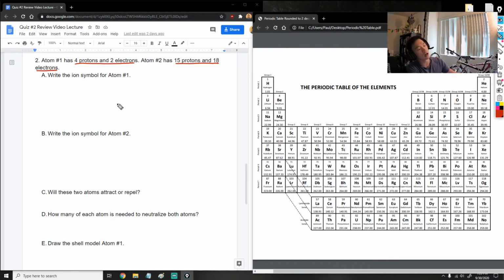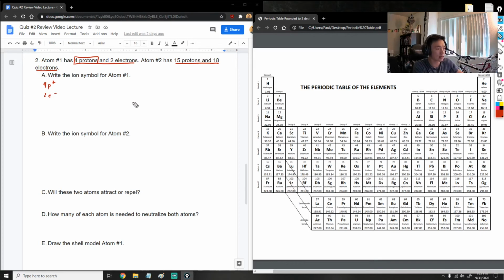So we're going to start off by figuring out which elements these atoms are. So let's start with atom number 1. We're just going to look up the protons. So atom number 1 has 4 protons and 2 electrons.